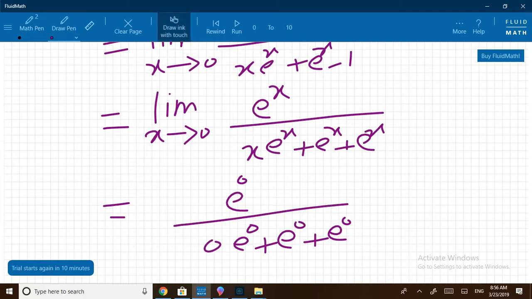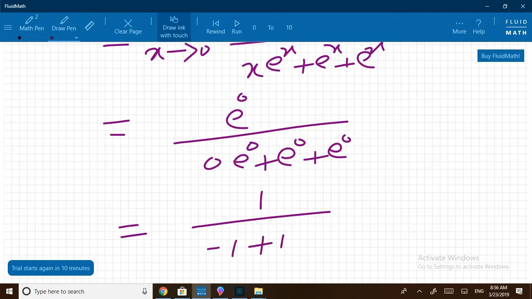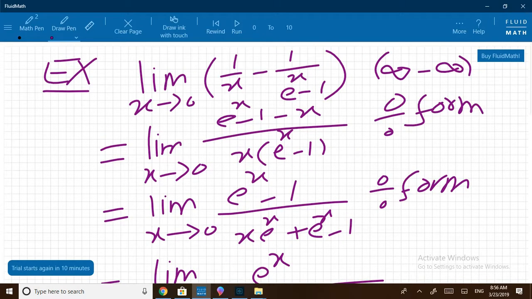So this will be equal to 1 divided by 1 plus 1 plus 0, which is equal to 1 divided by 2. Take a short look at this question.